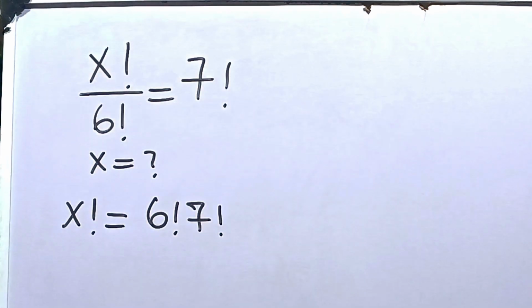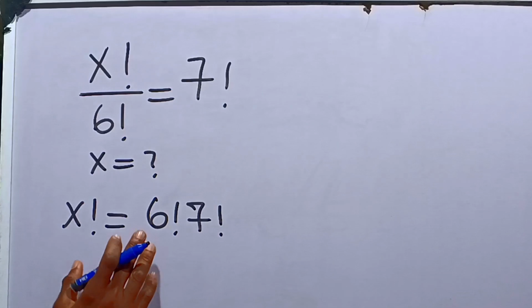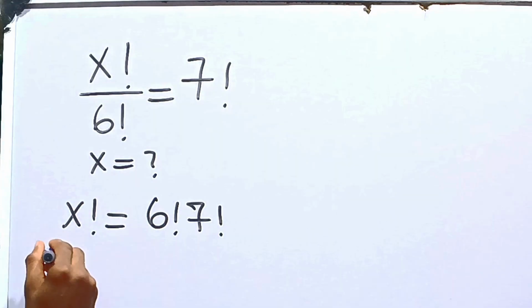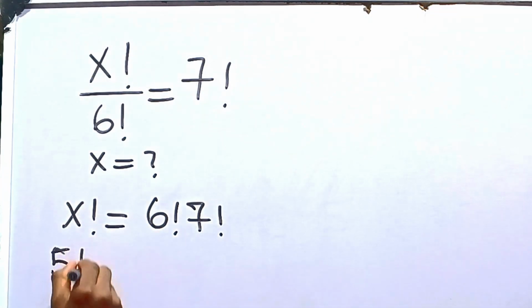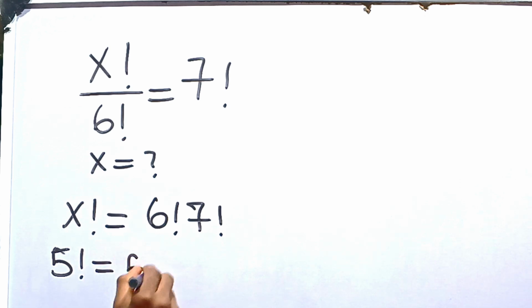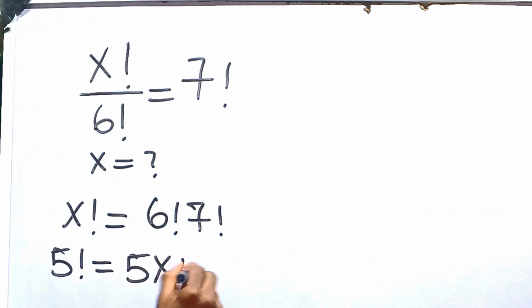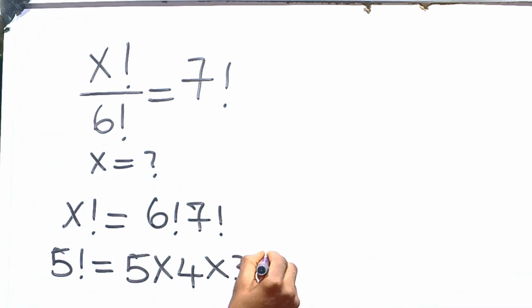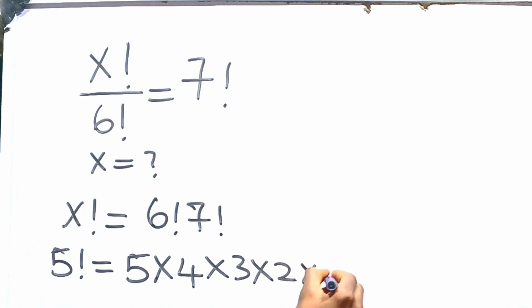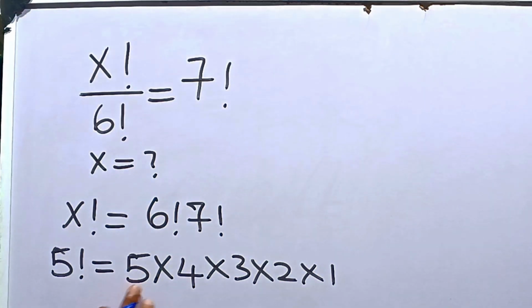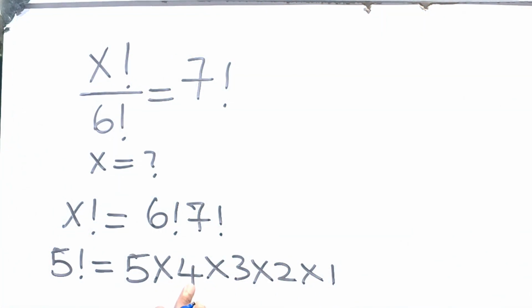Now, let me explain what we mean by factorial so that we can solve. Factorial, if you say a number, let's just pick 5 for example. Factorial is equal to multiplying 5 by 4 by 3 by 2 and by 1. So you multiply the number down till you get to 1. Okay?